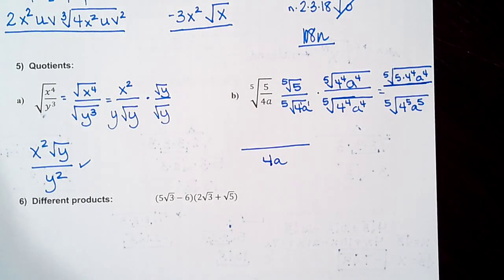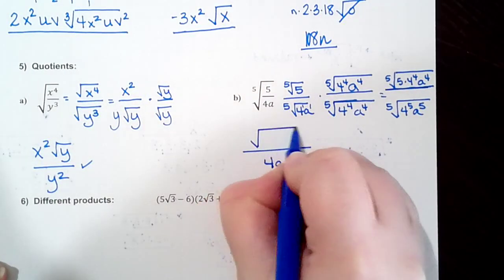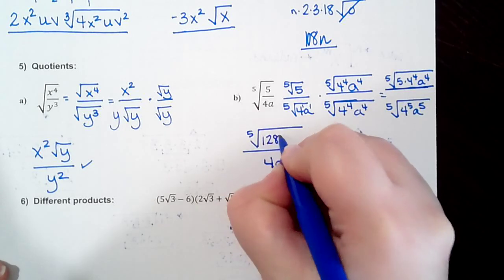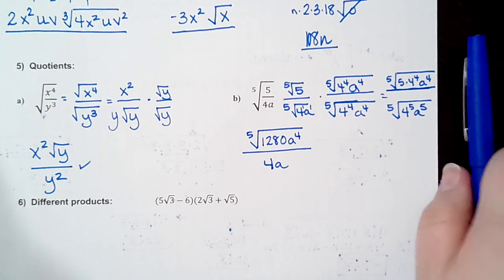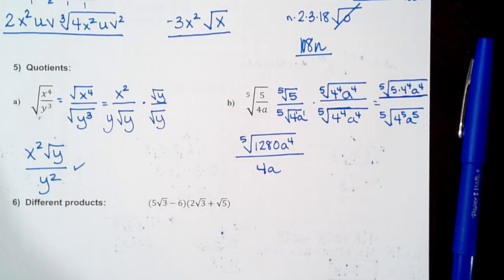I do have to calculate that. I don't know it off the top of my head. 4 times 4 times 4 times 4 times 5 is going to be the 5th root of 1,280 a to the 4th.